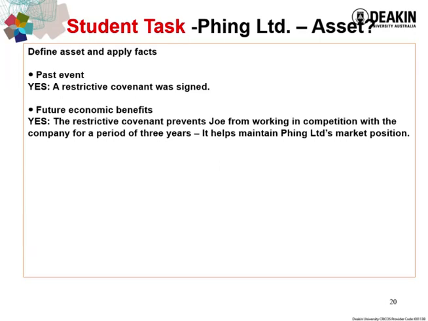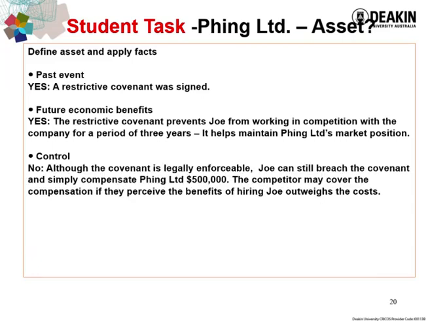But is there any control? Perhaps no in this case. Although the covenant is legally enforceable, Joe can still breach the covenant and compensate the company $500,000, because arguably $500,000 may not be a lot. And the competitor may actually cover the compensation if they believe that the benefits of hiring Joe outweigh the cost.